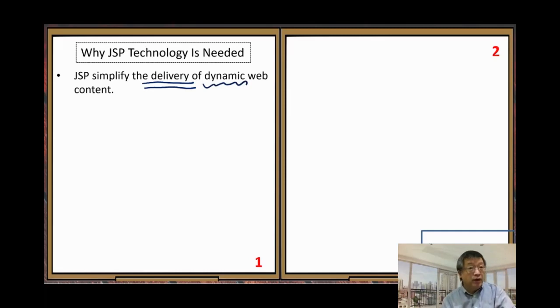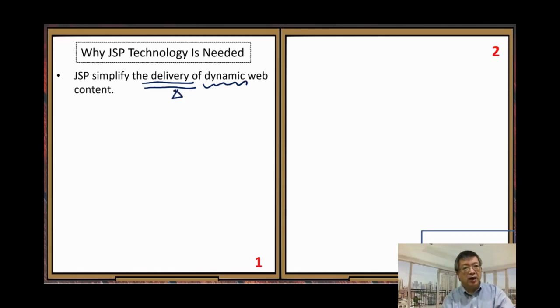Because if you only want to deliver static content, you just use HTML, right? So the reason we use JSP is that we want to add dynamic content in our usual HTML content. So the main point is the delivery issue.